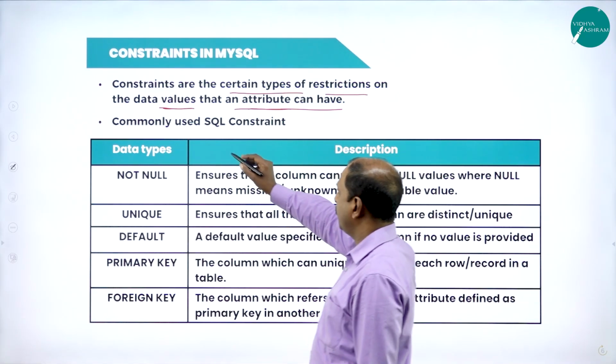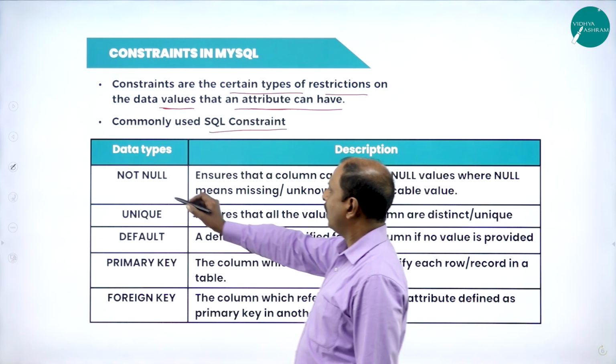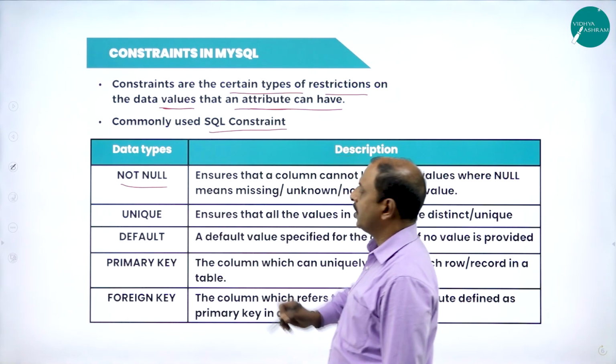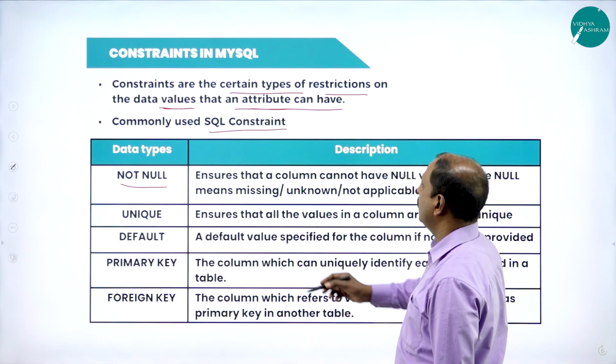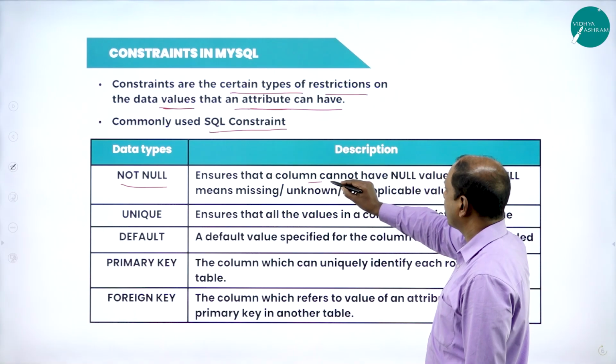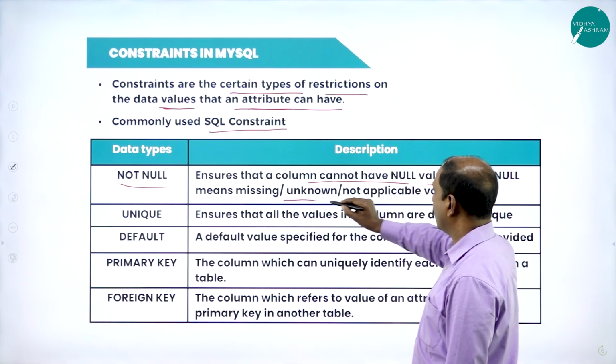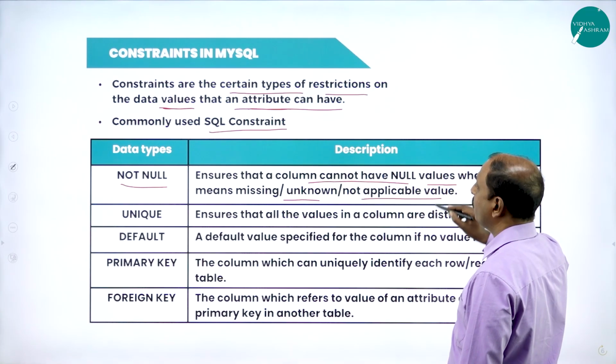Commonly used SQL constraints here: first is NOT NULL. It ensures that a column cannot have null values, where null means missing, unknown, or not applicable values.